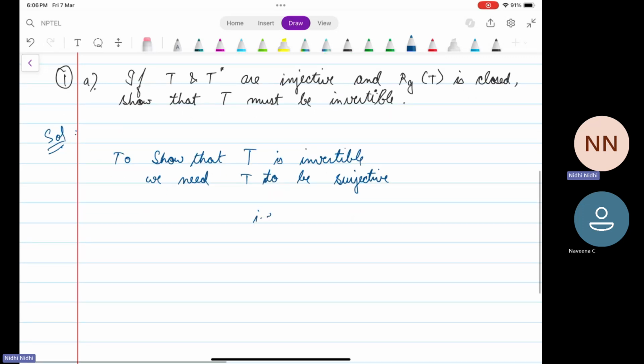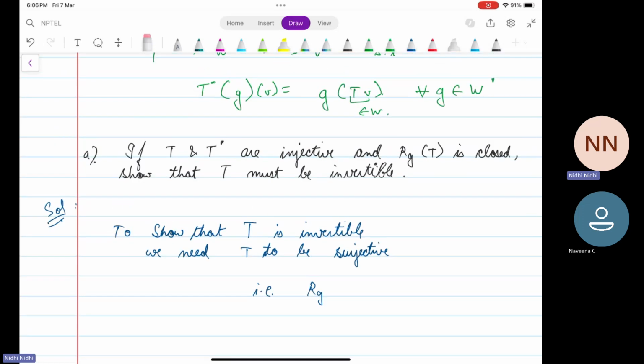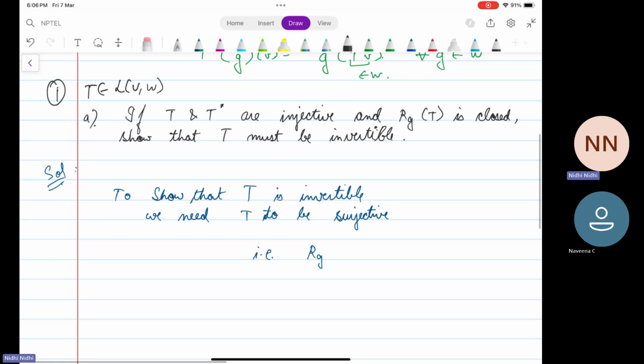We assume that T belongs to L(V, W). That means we need to show that range T is equal to W.